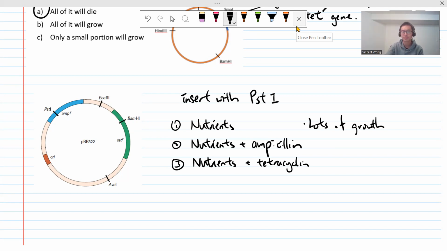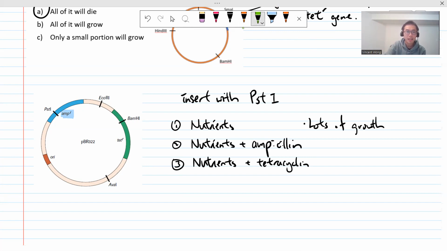Due to the ampicillin, or do you mean due to the ampicillin resistance gene? Yeah, the ampicillin resistance. Okay, so that's a good start, but let's take a closer look at this. The ampicillin resistance gene is right here, the blue portion of the plasmid.